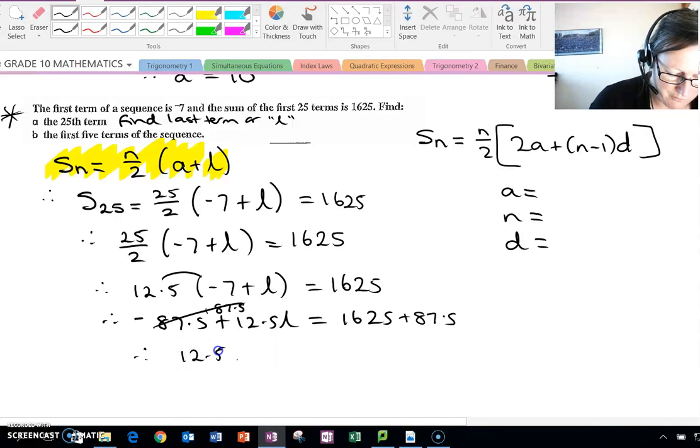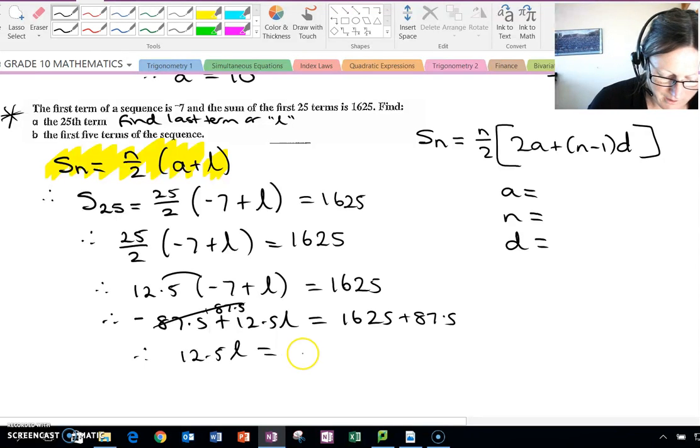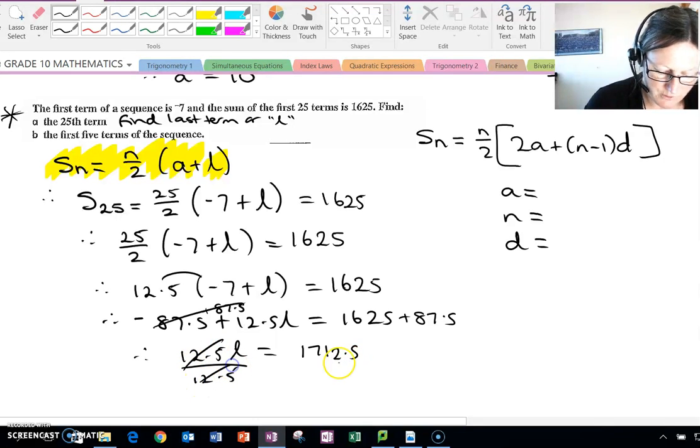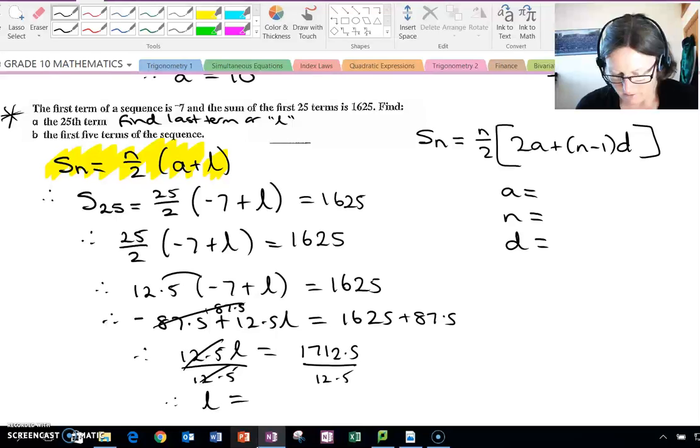So I have 12.5L is equal to 1625 plus 87.5, 1712.5. Divide that by 12.5 to cancel. Divide this by 12.5. So the last term must be 137.